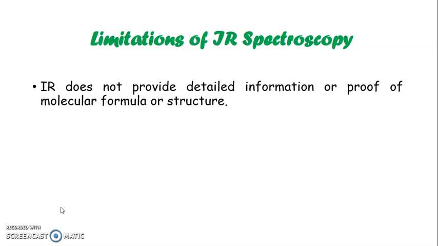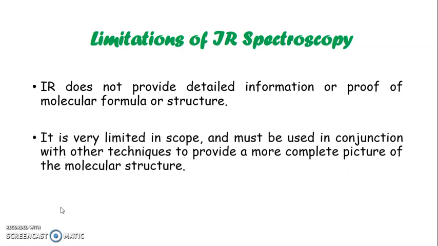It provides information on molecular fragments, specifically functional groups. But it is not possible to identify a compound merely by interpreting its IR spectrum. All other evidences like NMR or mass spectral data and other chemical or physical evidences should be assessed to get a complete picture of molecular structure.